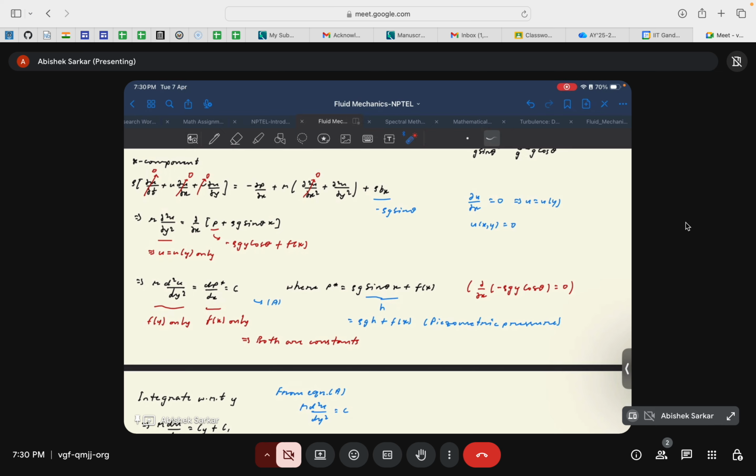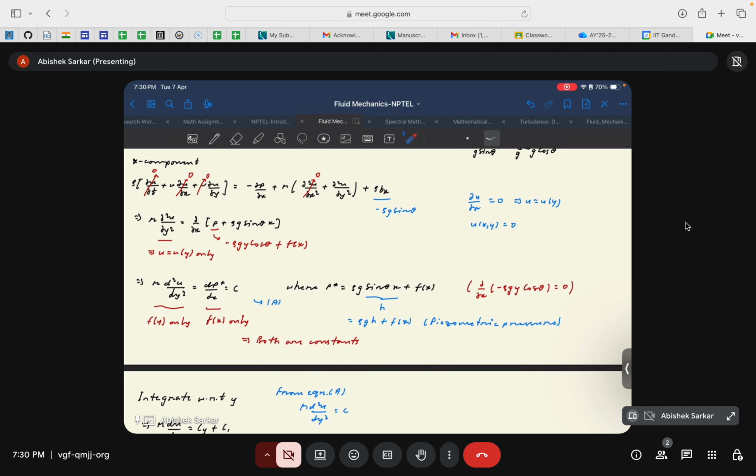Okay, if you look into this term, since rho g cos theta y is a function of y, considering rho, g and theta to be constant, the partial derivative ∂/∂x of this term would be equal to 0.